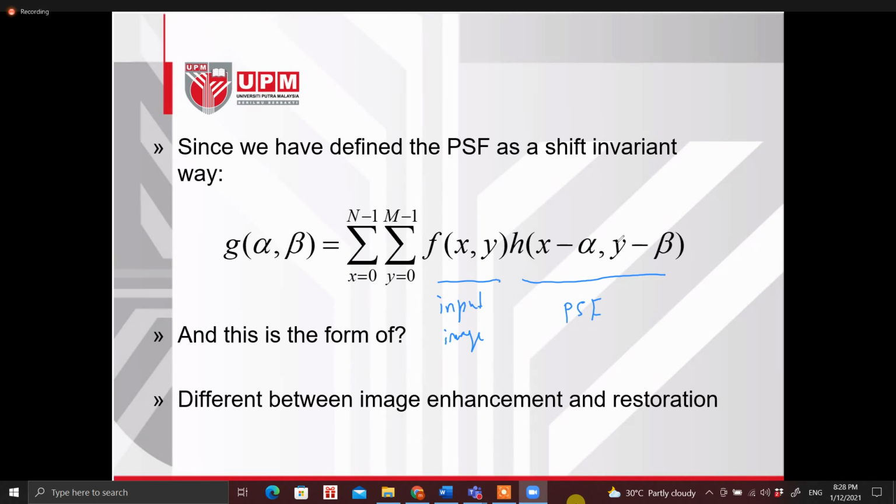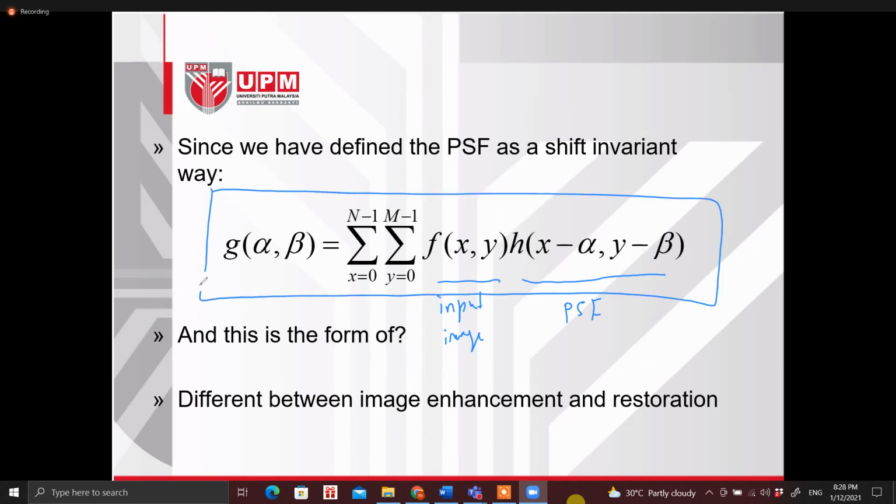Okay, so this particular form of equation is a very popular equation, which shows that an output image can be created by doing a convolution of f with h.